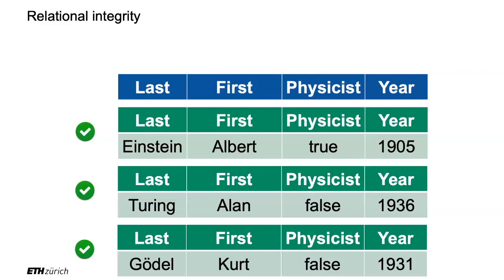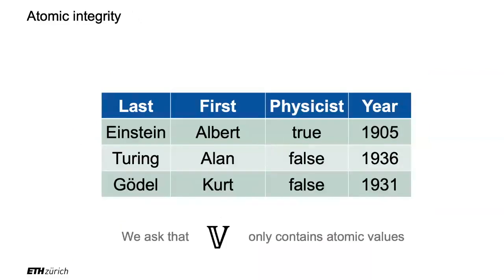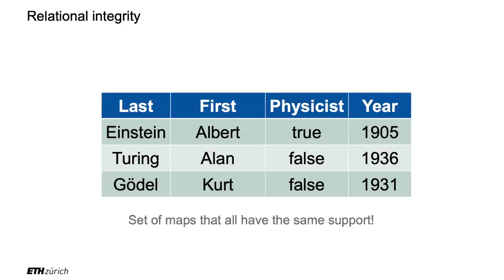But if we want to also ensure what we now know is called relational integrity, we additionally say we want these maps to also have the same support. If they do have the same support, we can glue them together in this way, right? Okay. Now, that's relational integrity. Now, what about atomic integrity?